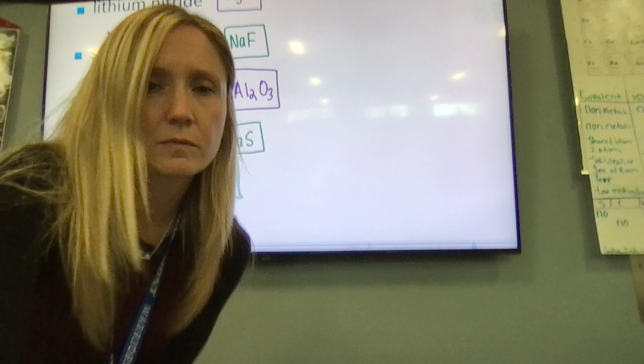Alright, so I want you to look at a pattern with it. The second example is probably the best one to look at to start. Notice that magnesium always has a positive 2 charge. How many of the nitrogens did we have? 2. So that 2 right here tells me how many N's I need.